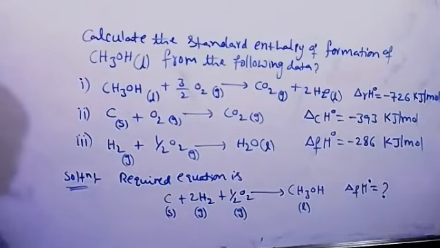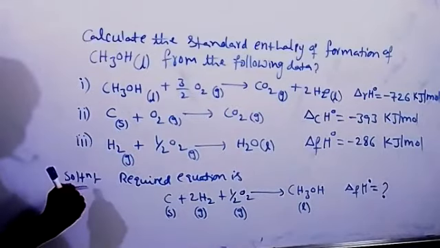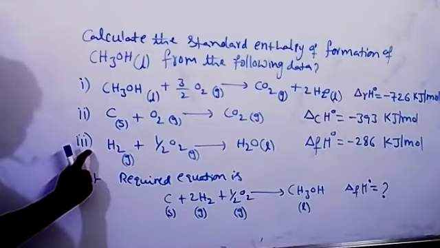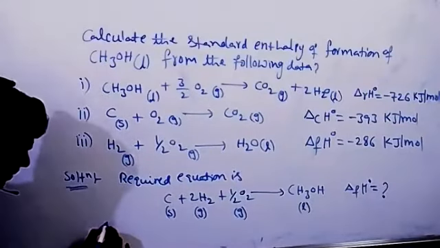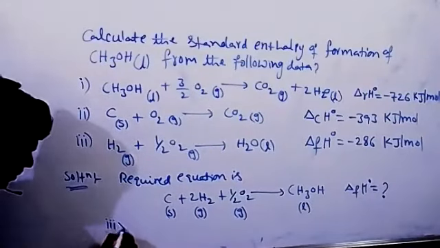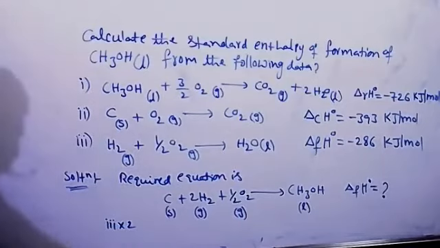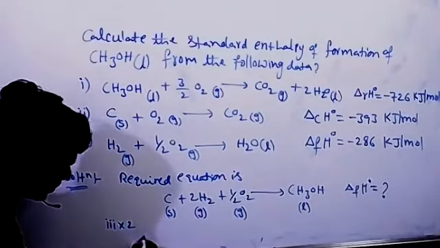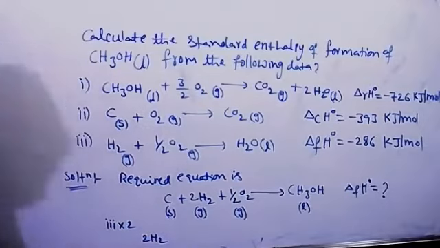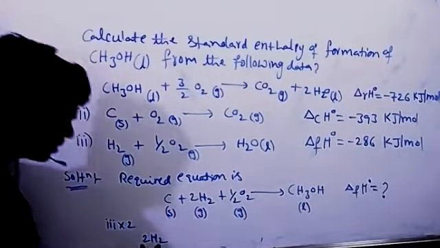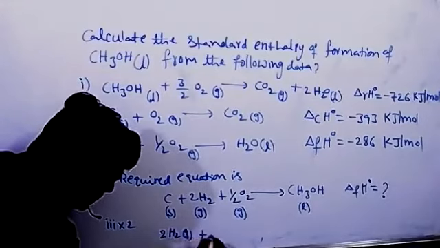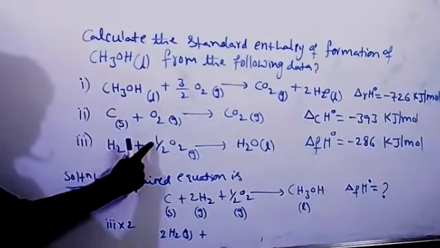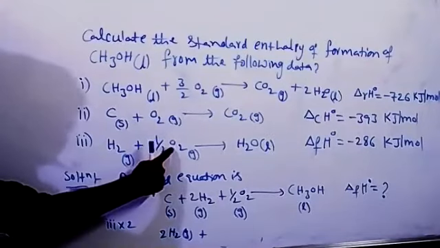Here, equation 3 is multiplied by 2. Then it gives 2H2 gas plus 1/2 into 2 of O2.